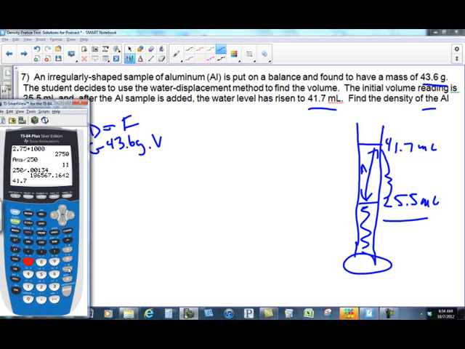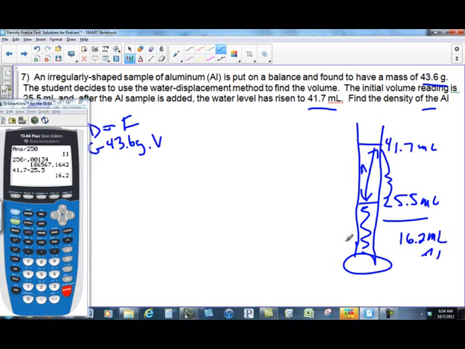41.7 minus 25.5 gives me 16.2 milliliters that are associated with the aluminum, right? Alright, so density is mass over volume, and my mass is 43.6 grams.